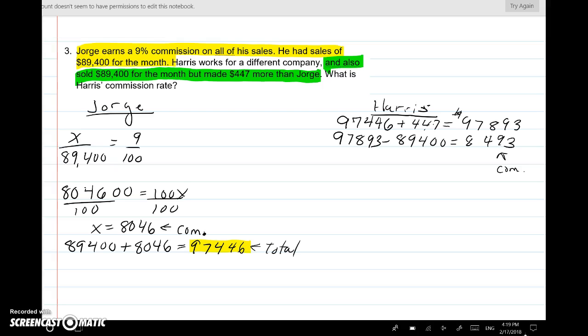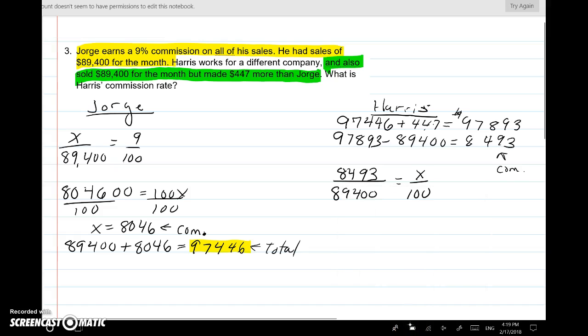So I'm going to go back to my is over of, where the commission is the is. Remember how we found our commission before using our proportion? So my is, 8,493 over what his sales were for the month, 89,400, and I want to know what the percent is over 100.